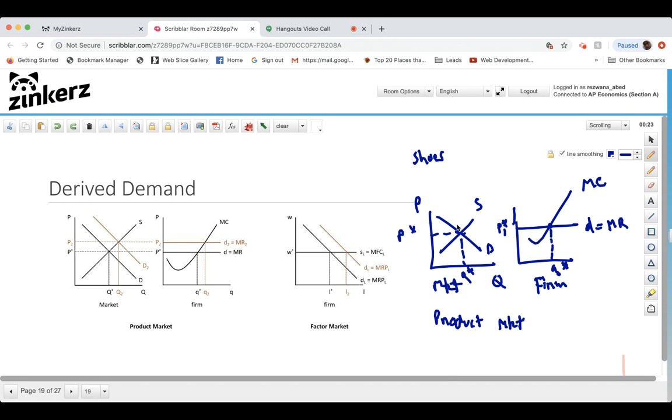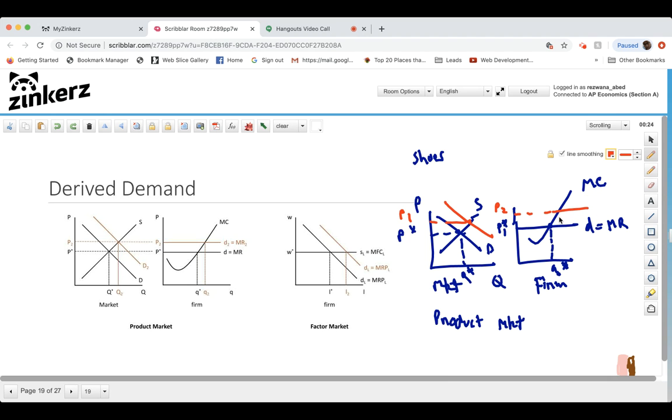And let's say now there was an increase in demand for shoes, so the demand for shoes will shift to the right, and what that does is it increases the price for shoes. If that happens at the market level, this is also going to translate at the firm level. The firms are price takers, so they're going to accept the new price, at P2.